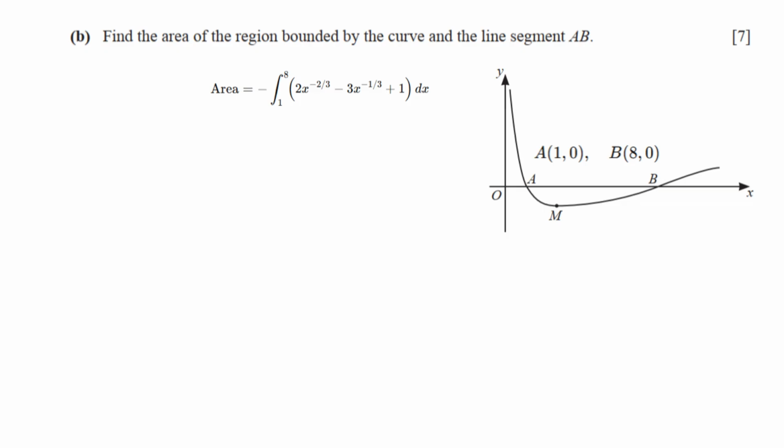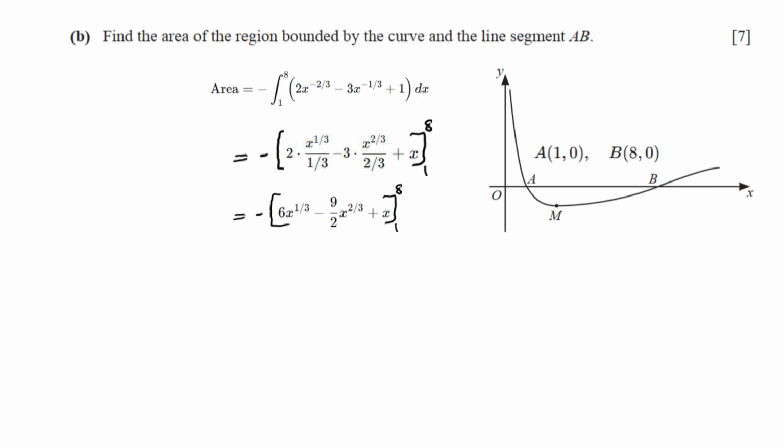Integrating this, we get 2 times x raised to the power 1 over 3 whole thing divided by 1 over 3, minus 3 times x raised to the power 2 over 3 divided by 2 over 3, plus x. Simplify this, we get 6 times x power 1 over 3 minus 9 over 2 x raised to the power 2 over 3 plus x.